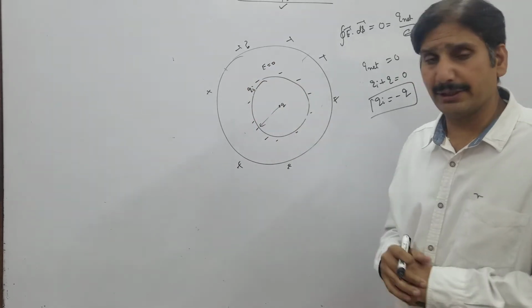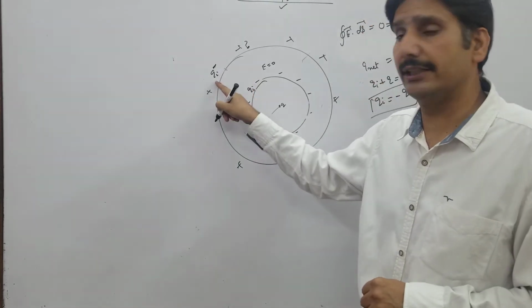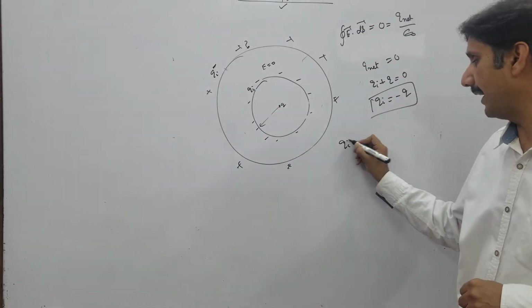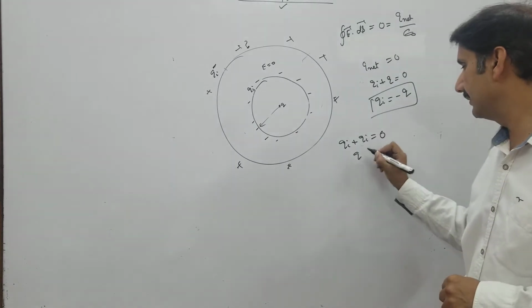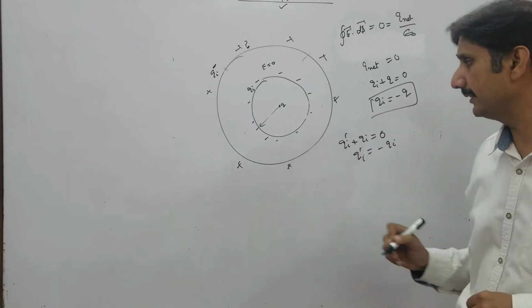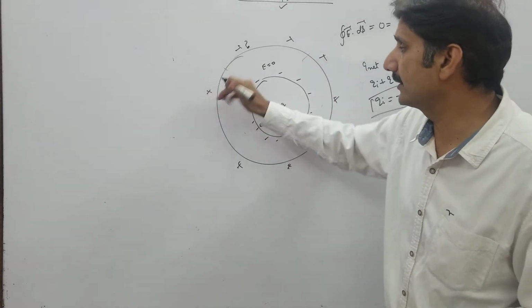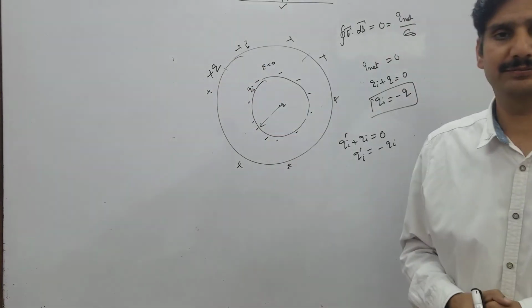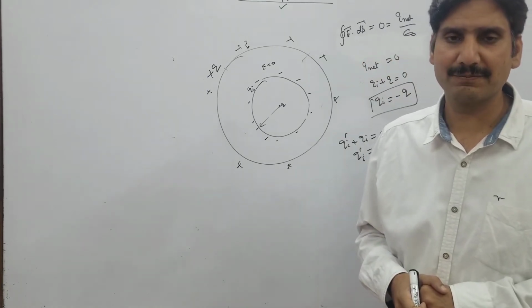If Qi has appeared over here and let's say Qi dash has appeared on the outer surface, Qi dash plus Qi should be equal to 0 again. And that means Qi dash is equal to minus Qi. So Qi was equal to minus Q. So the outer surface will gain plus Q charge.